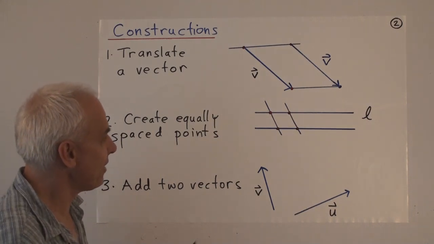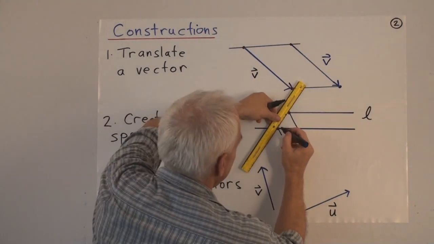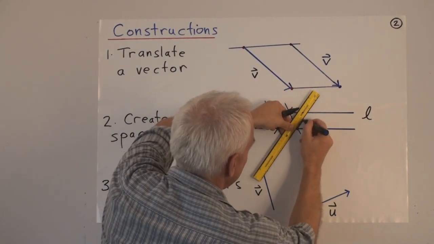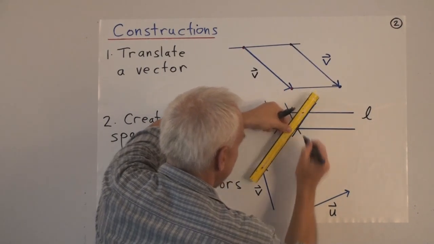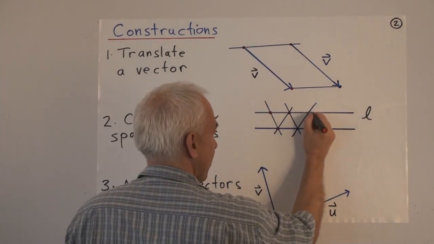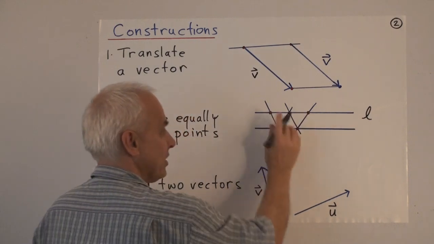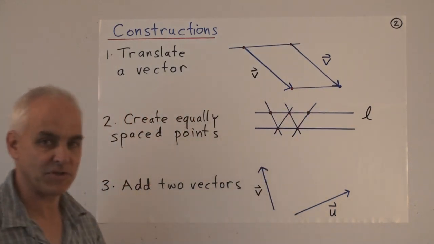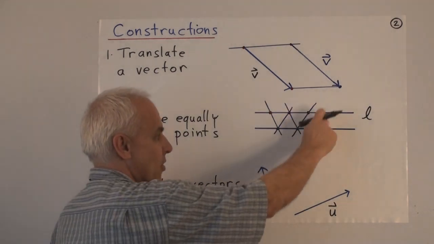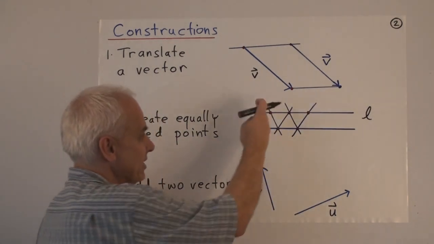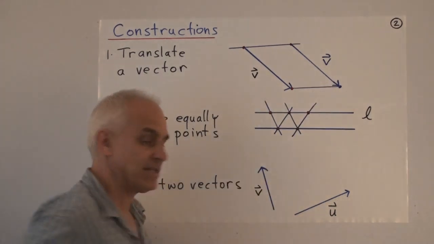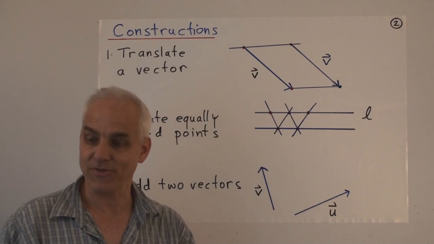And then we can join things up like this, and parallel to it another line like this. And then we found our third point equally spaced to that first pair of points. And you can see we can keep going with this crisscross pattern, using all these lines parallel to these ones that I've drawn to continue creating a sequence of equally spaced points.